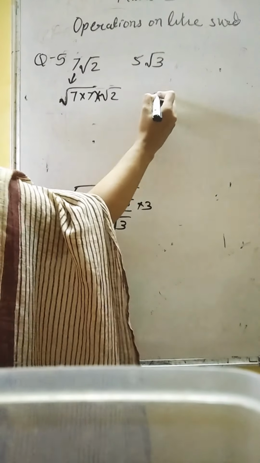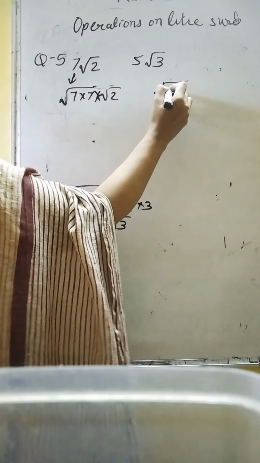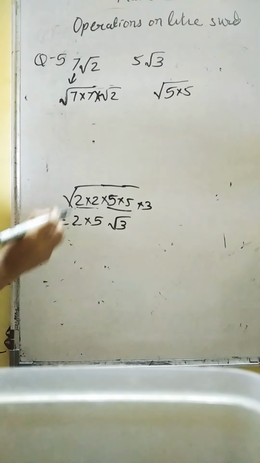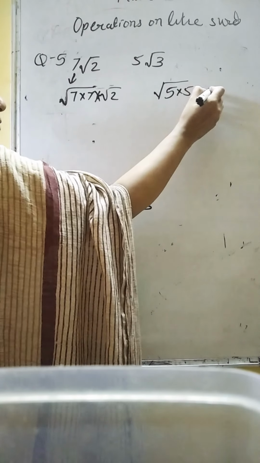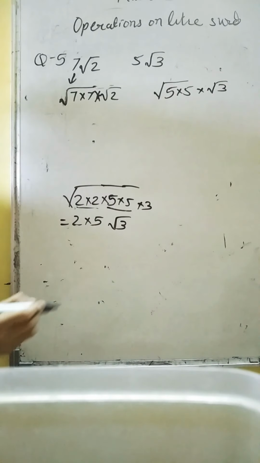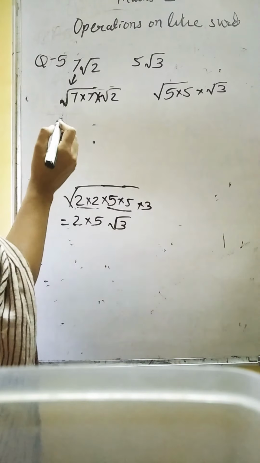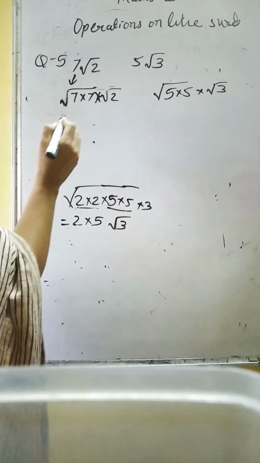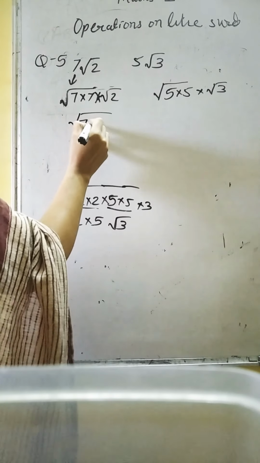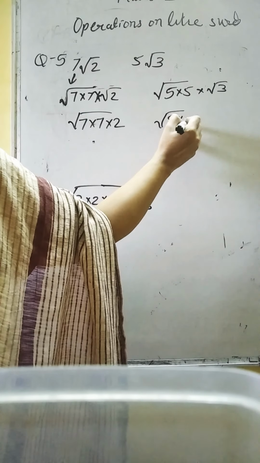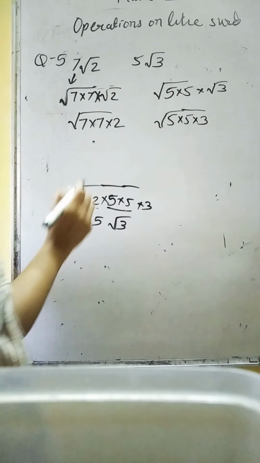ये 5, if this 5 wanted to go inside the radical sign, how it will be, 5 into 5, of course this root 3 is there, correct. So now I can, children, multiply, this will be like 7 into 7 into 2 and this is like 5 into 5 into 3, okay.